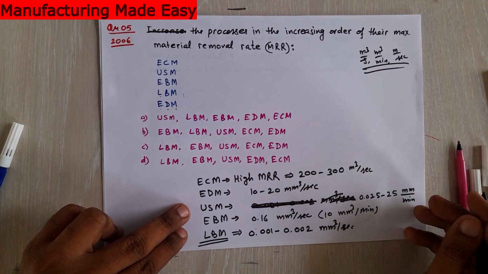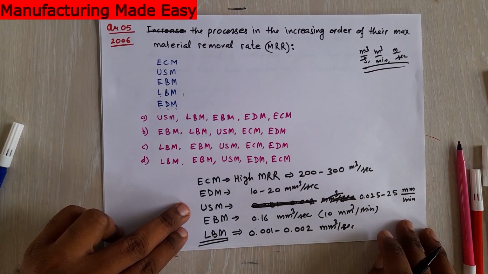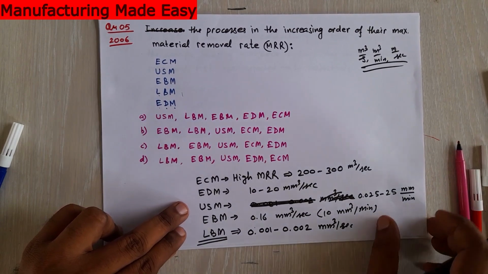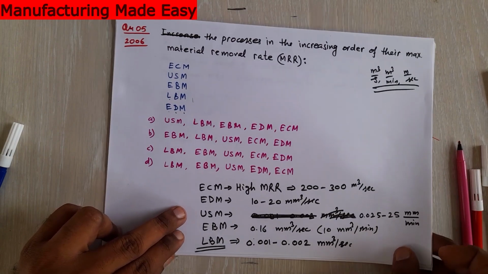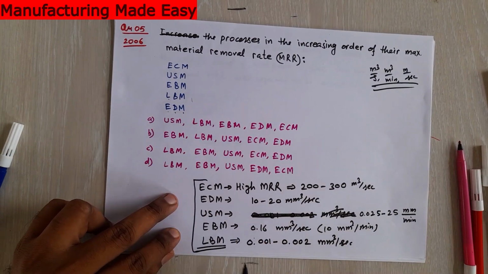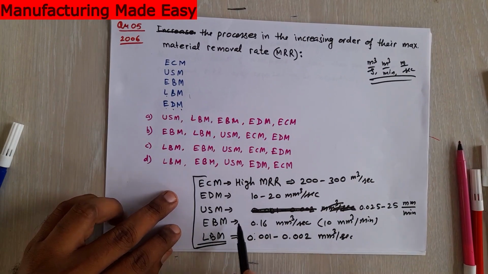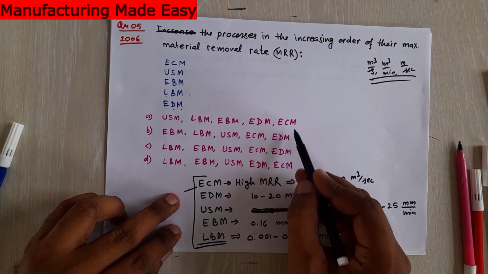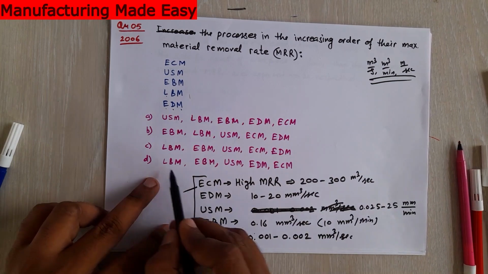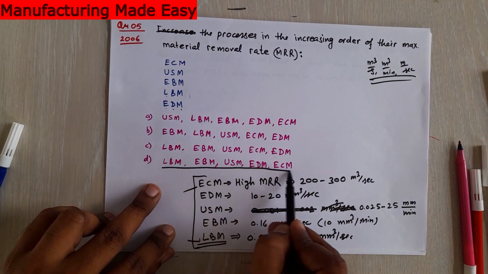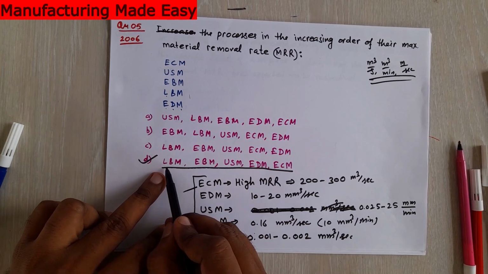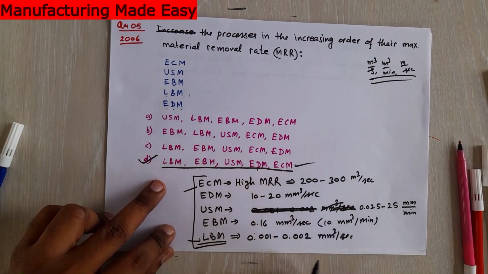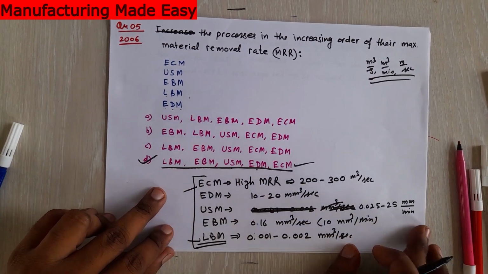This is given in mm per minute because if we convert it into mm cube per second, the value will be very small. So these are the values of the material removal rate. The highest is the ECM and the lowest is the LBM. So the right option is option D: first, very less is the LBM, then EBM, then ultrasonic machining, then EDM, then ECM. Option D is the correct answer.